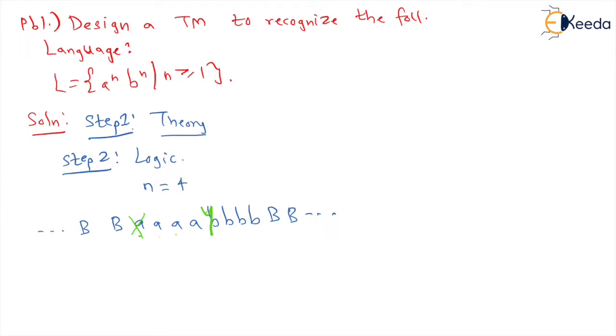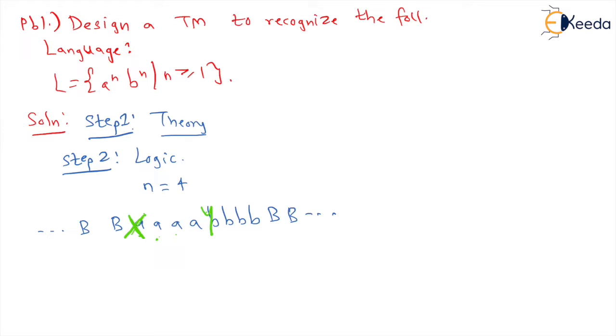This bypassing is going to go on and on till you get the first X, which you just converted. The moment you get the X, you keep the X as it is and move to the right. Now you will be getting another small a, and you are set to repeat the logic.